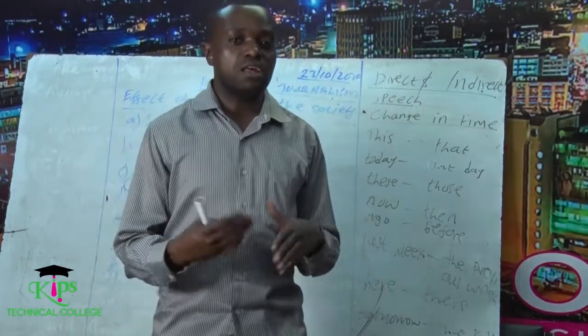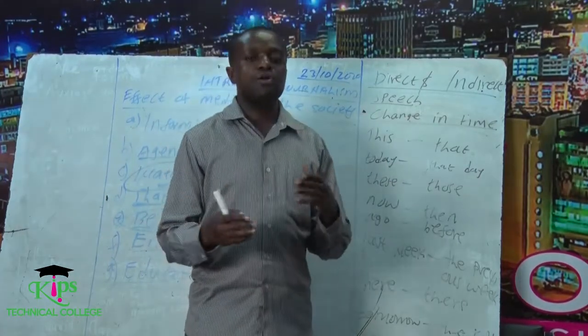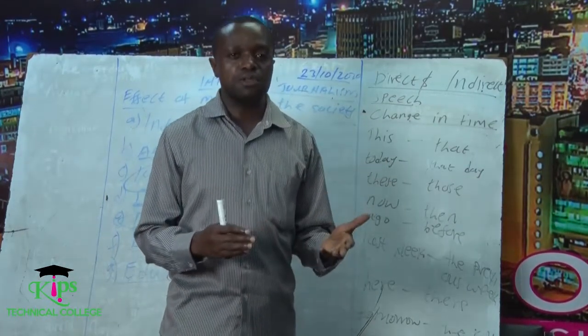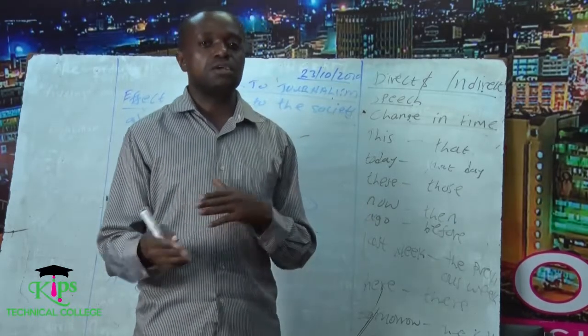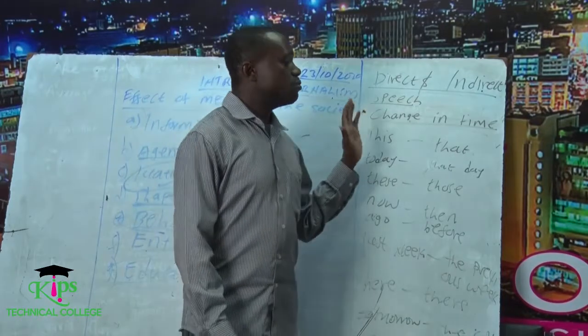So under direct and indirect speech, you're going to specialize in the change in time. What happens when you are converting a sentence from direct speech and you want to write the same sentence using indirect speech? There are different tenses that normally change.